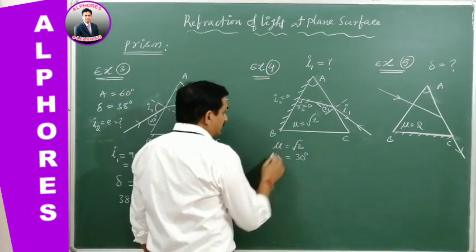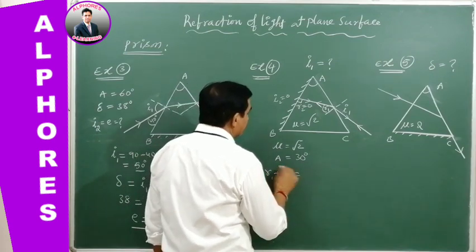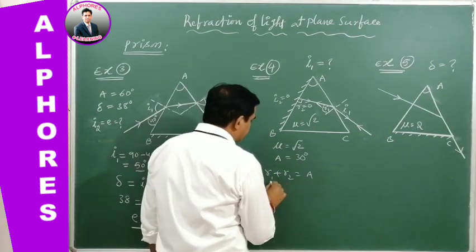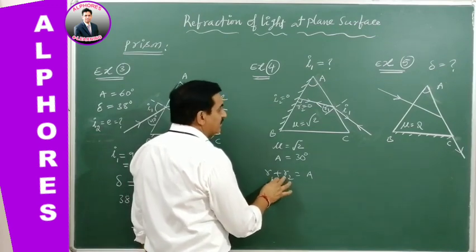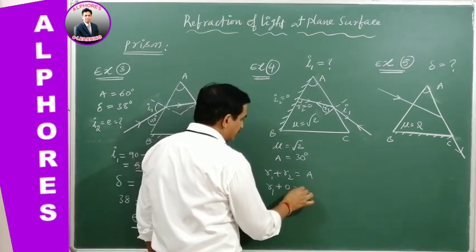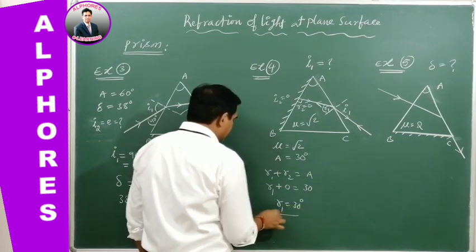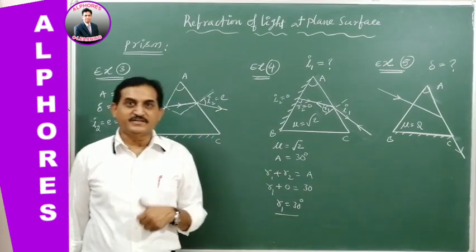Therefore, using R1 plus R2 equal to A, where R1 is unknown, R2 is 0 and A is 30 degree given, R1 equals 30 degree. This is obtained from the relation R1 plus R2 equal to A.